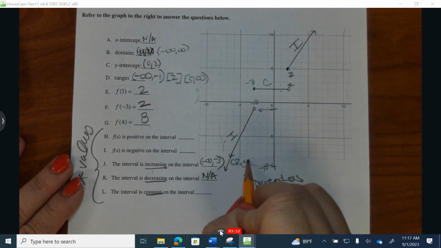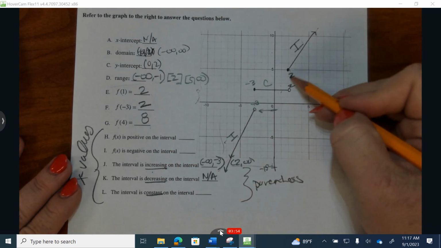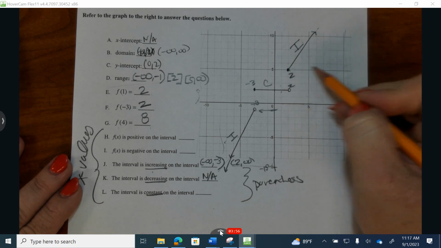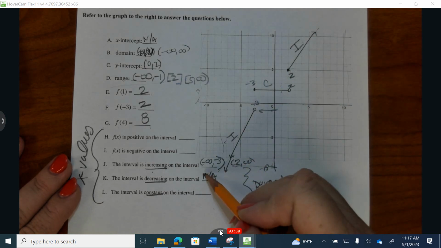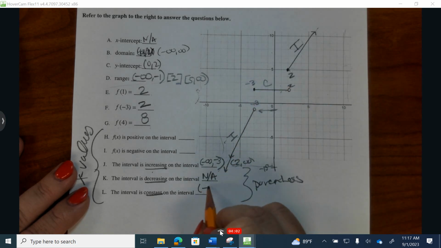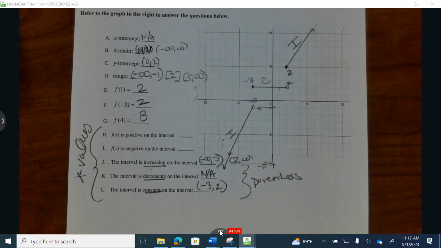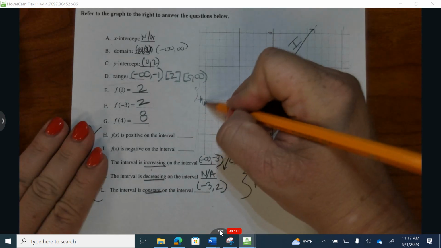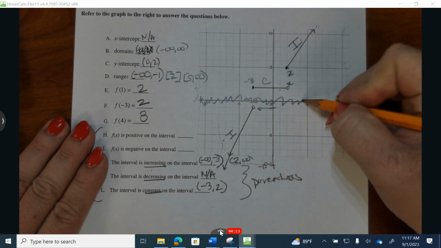So from 2 to positive infinity, it is increasing. When you leave 2, you start to increase as you move to the right. Okay, let's go with the constant. From negative 3 to positive 2, in between negative 3 and positive 2, you are constant or flat. Please go on the x-axis and make these wiggly lines.